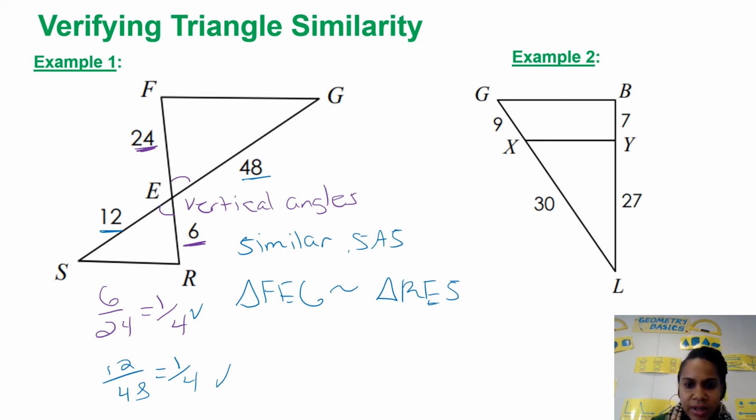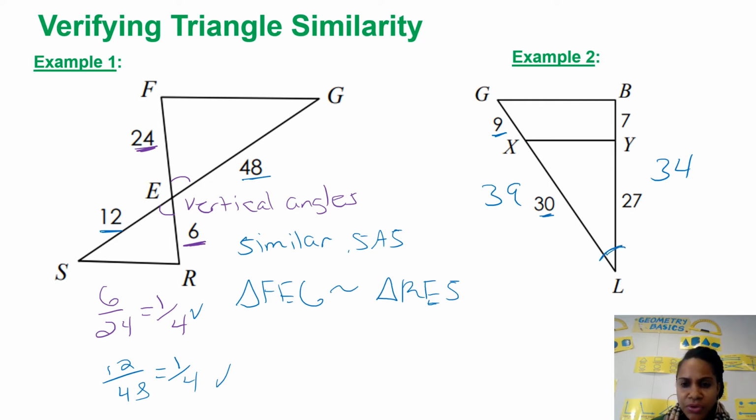All right, so now let's look at the second one here. So we have a triangle within a triangle. So this side here would be 39, side GL. Side BL would be 7 plus 27. That's 34. So I'm just adding these two to get the size of that larger triangle. All right, we already have an included angle here.